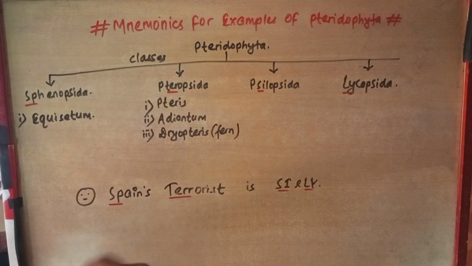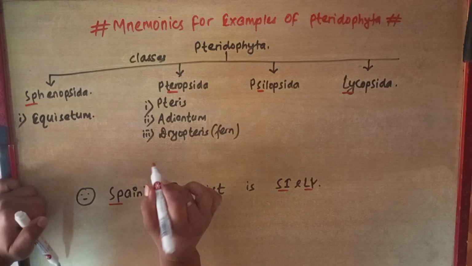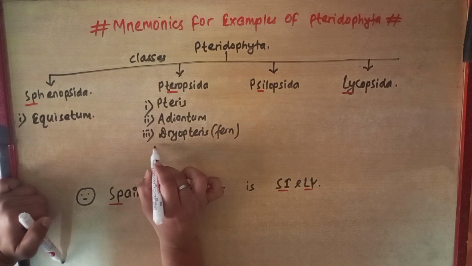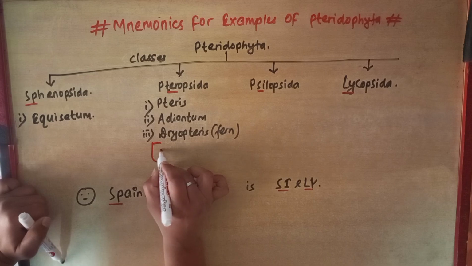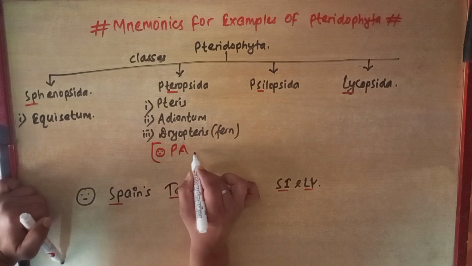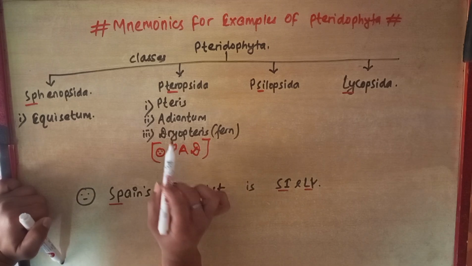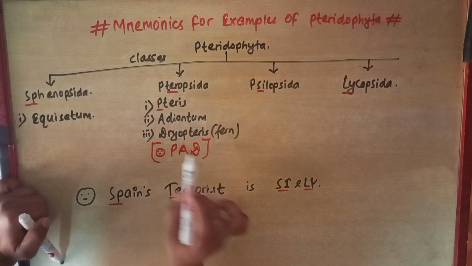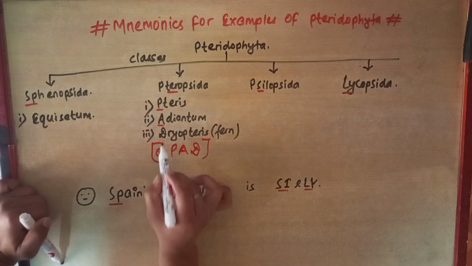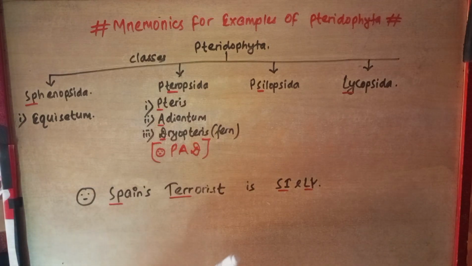And to remember the examples of Pteropsida, remember the trick as PAD. So P means Pteris, A means Adiantum, D means Dryopteris, and this Dryopteris is very much important.